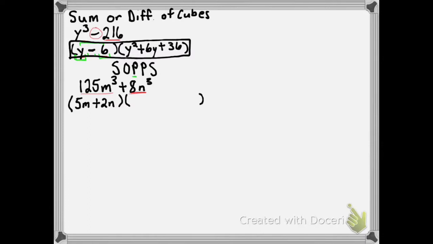And then once we know this binomial, the trinomial is going to be based off of the binomial. So the first term in our trinomial is this term squared. So 5m times 5m is 25m squared. The first sign is going to be the opposite of whatever we used in our binomial. Our middle term is going to be these two terms multiplied together.